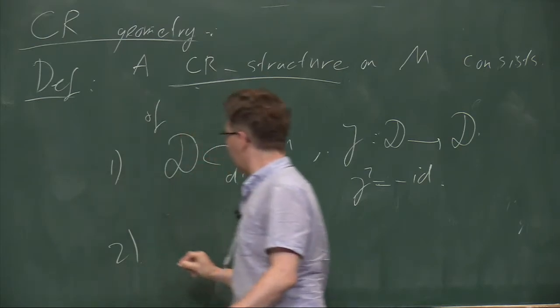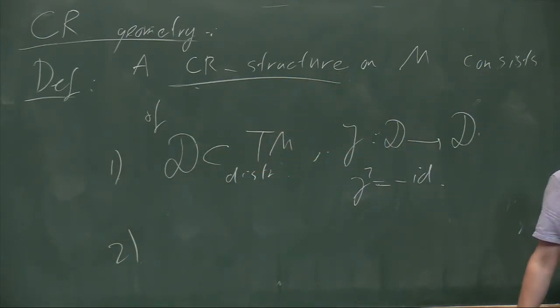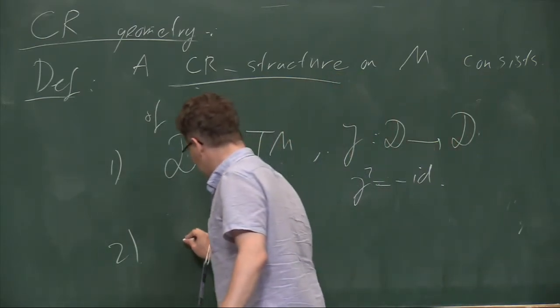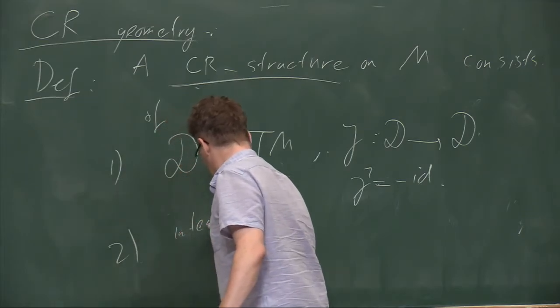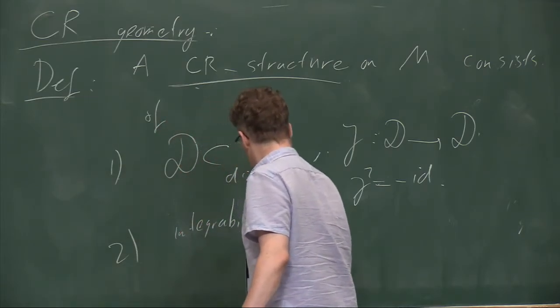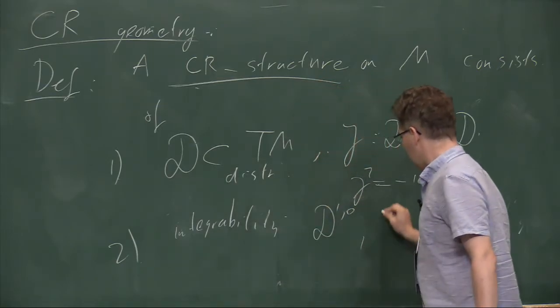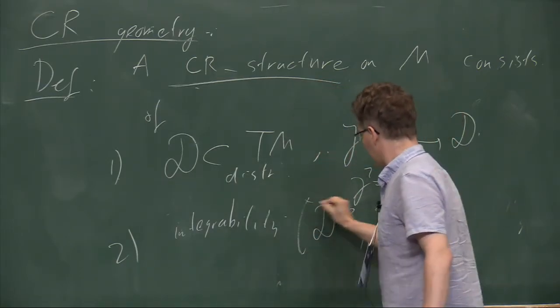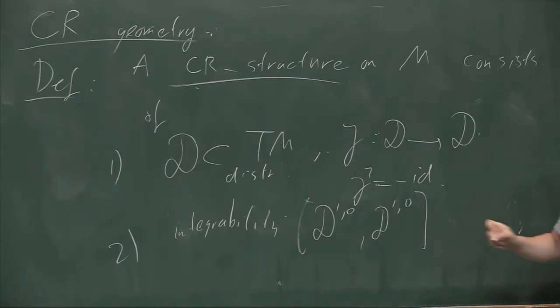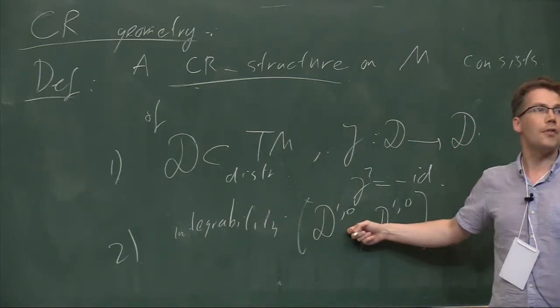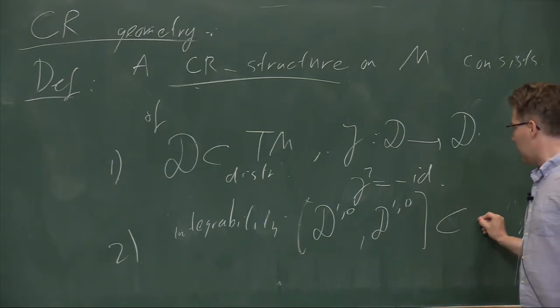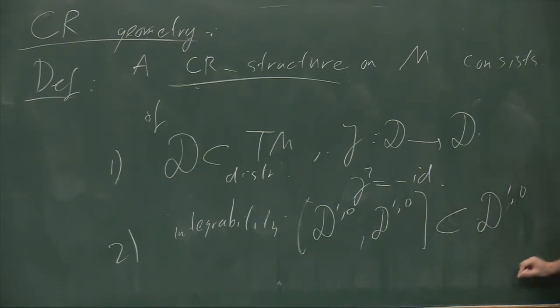And there's one more condition. This needs to be integrable. There are many ways to put this, and this is the shortest version I know. If you take two vector fields, or two sections of this distribution, and you take the Lie bracket, we want it to land again here.